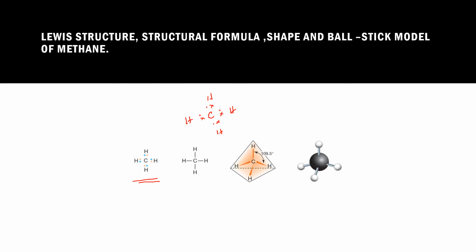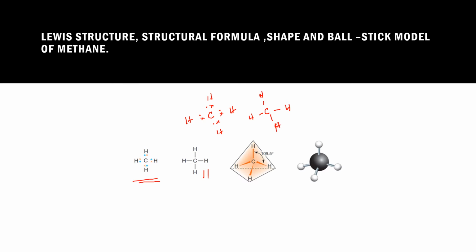From the Lewis structure, the structural formula is this one over here. It's also easy. It just represents each shared electron pair as one bond. So one bond everywhere here.